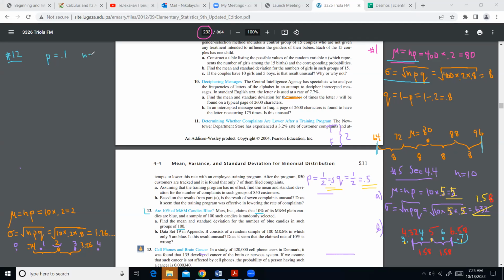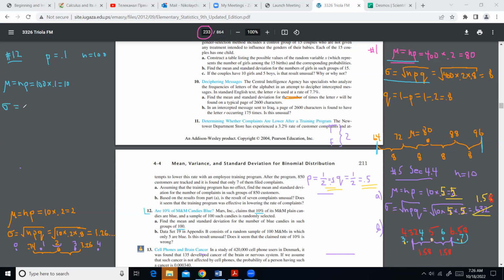So if sample size is 100, then I can find the mean right away, n times p, which is going to be 10% of 100 candies. So it'll be 10, right? So when I multiply these two numbers, I expect 10 candies to be blue.